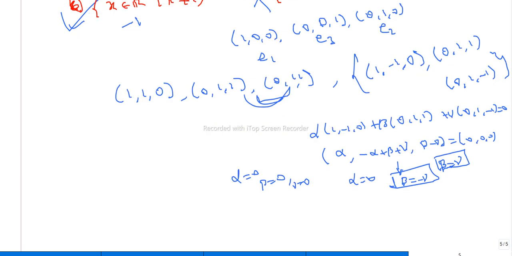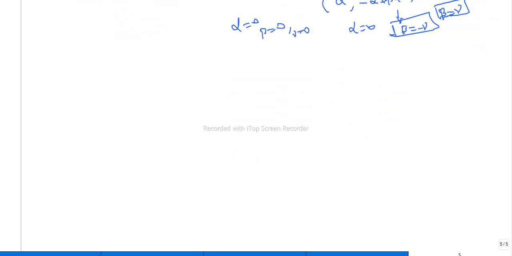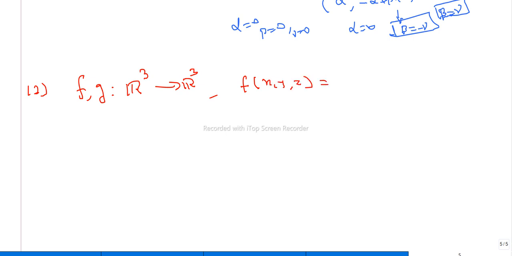Now another one is checking linear transformations. Given functions, are they linear or not? Suppose we have two functions f and g defined from R3 to R3, defined by f of (x, y, z) equal to (x, modulus of y, z), and g of (x, y, z) defined to be (x plus 1, y minus 1, z).